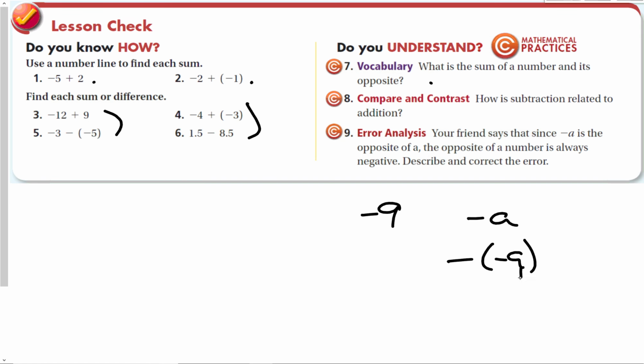Ooh, that's supposed to be a 9, which is then a positive 9. And that's true because if I bring this down here, negative 9 plus positive 9 is 0, which means that they are opposites of each other. Okay? And that was 1-5, adding and subtracting real numbers.